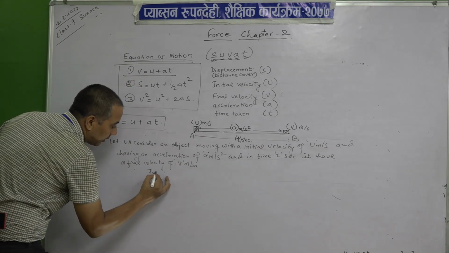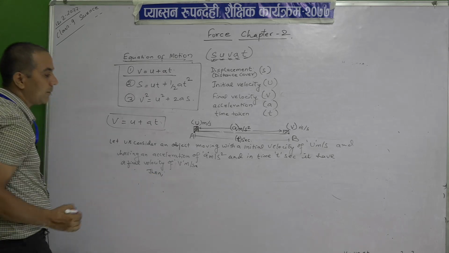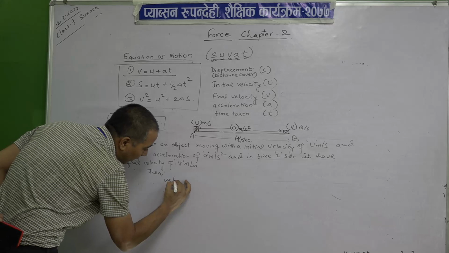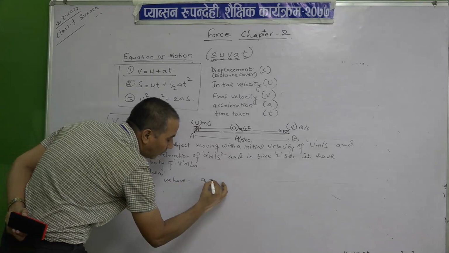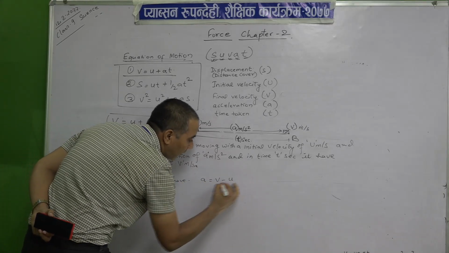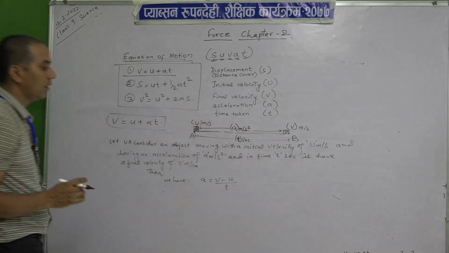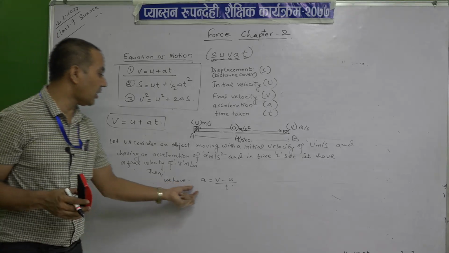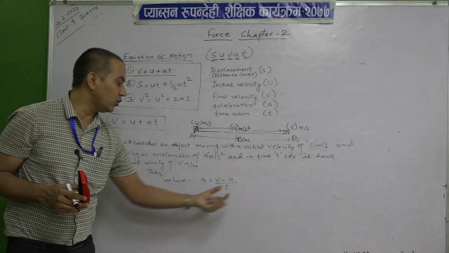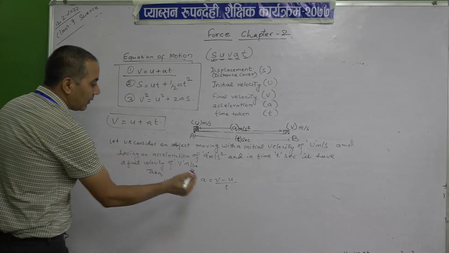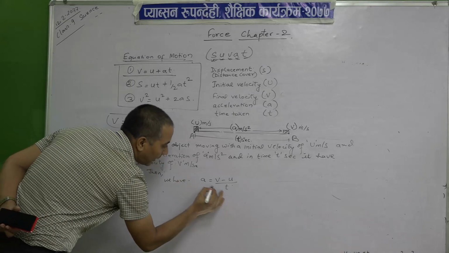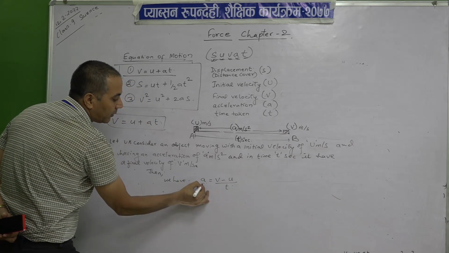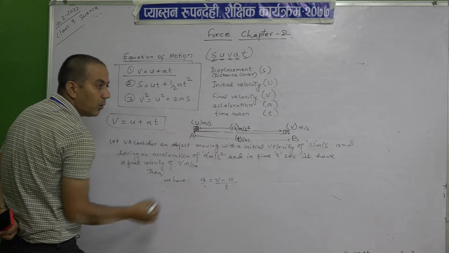Then what do we have? a equals v minus u upon t. Yes, that formula we have: the acceleration of the body is v minus u upon t. Then we cross multiply. If there is nothing written, the denominator will be 1.